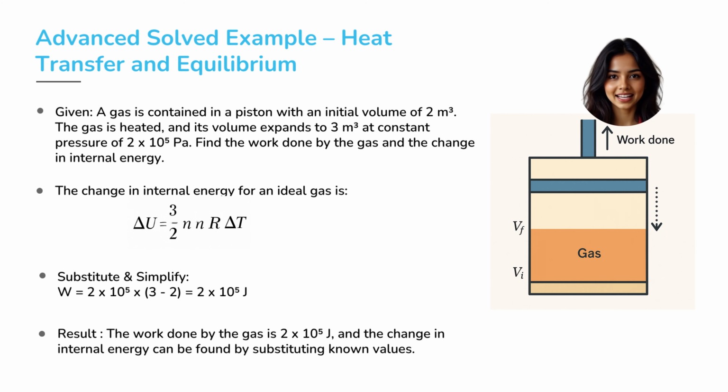Using the ideal gas law, we can calculate the internal energy change. The work done by the system is 2 × 10^5 joules, and the internal energy will depend on the specifics of the gas and the temperature change. So, in this case, the work done is 2 × 10^5 joules, and the internal energy changes based on the temperature increase.